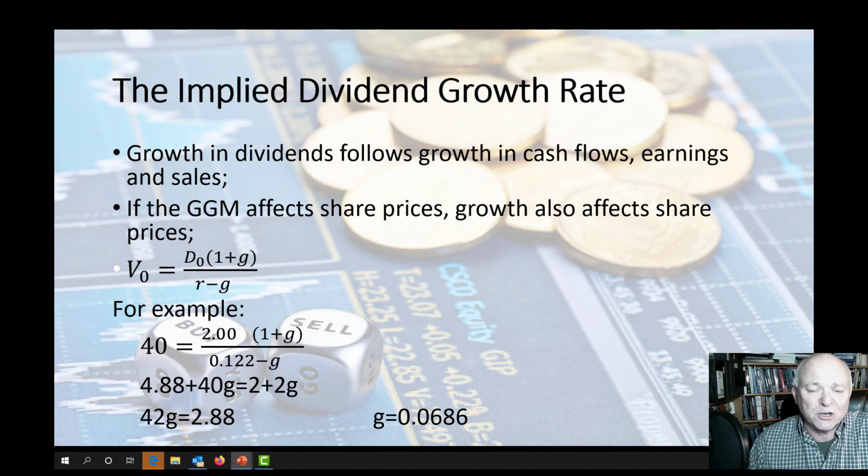We get 42g is equal to 2.88, so therefore g must be 6.86% or 6.9%. We can plug that into the model and check it, and yeah, it works. So if we don't know what the growth rate is, if we know what the share price is today, and we know what the required rate of return is, we can say what the market expects the growth to be.